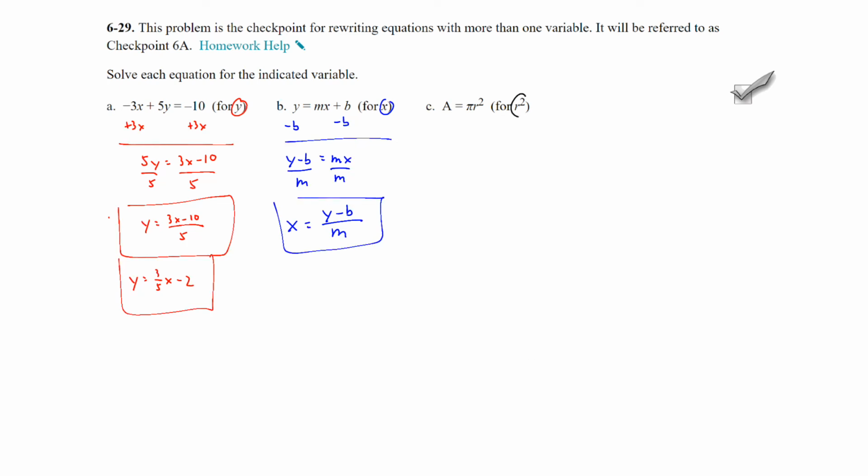We are solving for r squared. So we're not solving for r, but r squared. So since it's a equals pi r squared, we just need to divide by the pi value. Don't input what pi approximately is, just leave it. And that will give us r squared is equal to a divided by pi. And just leave it just like that since we're solving just for r squared.